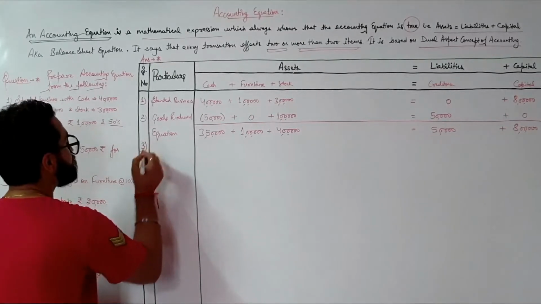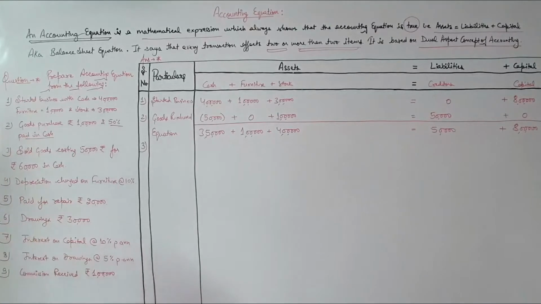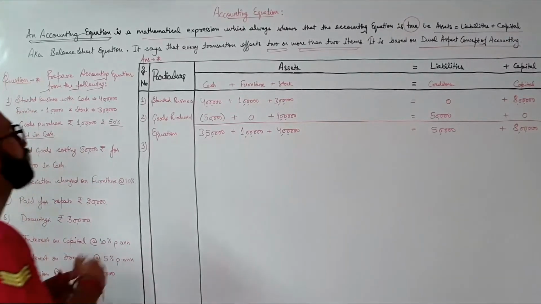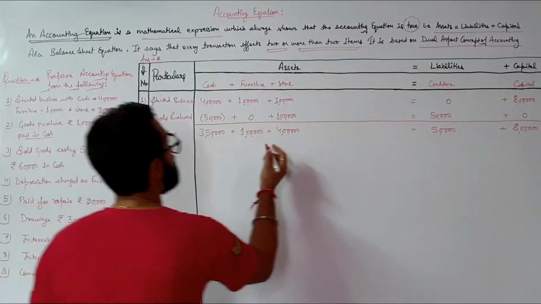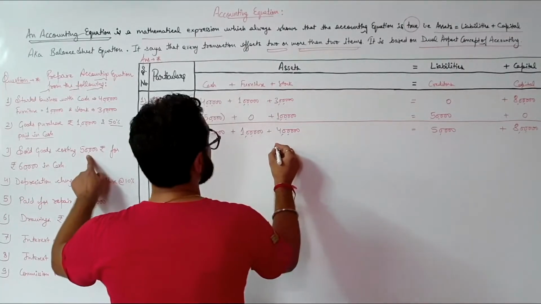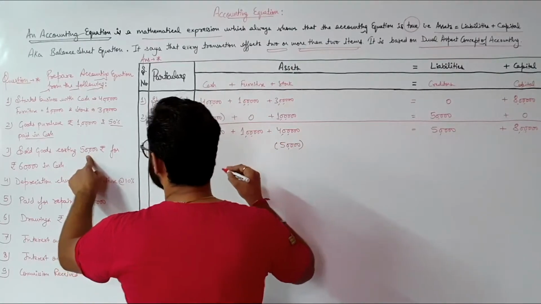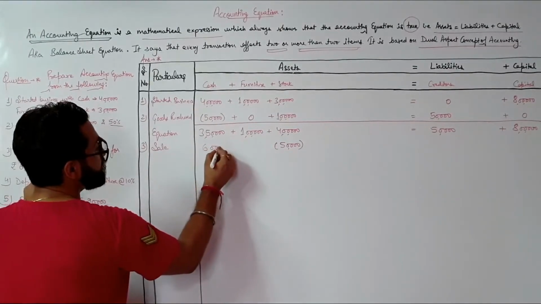Now the third equation. Sold goods costing 50,000 for 60,000. Now you have sold goods of rupees 50,000 for 60,000. Stock is of 50,000 rupees cost, but you have received cash 60,000 rupees.